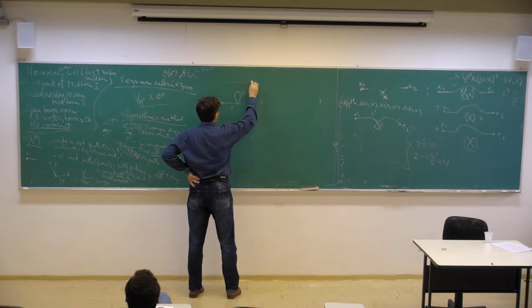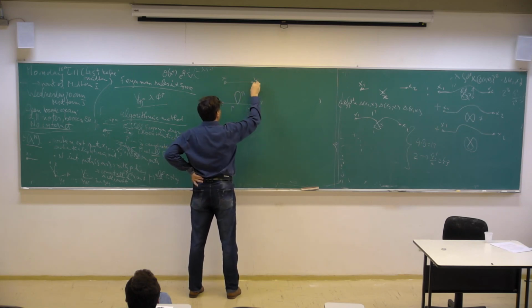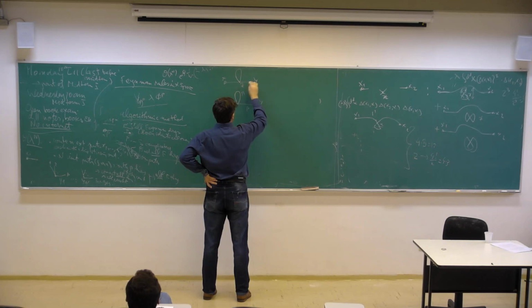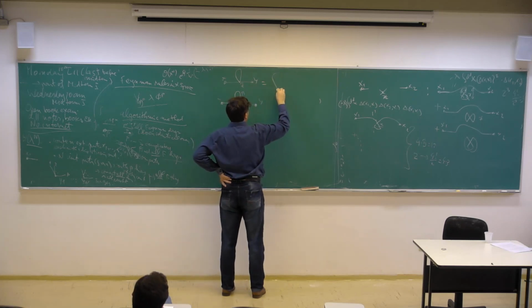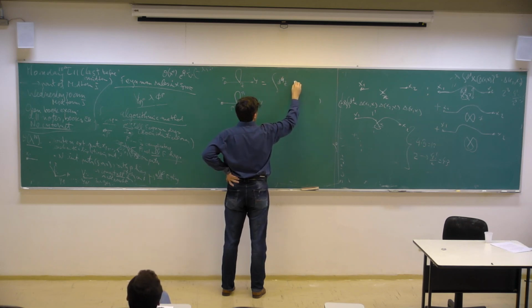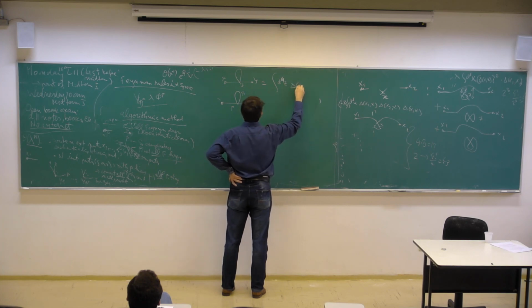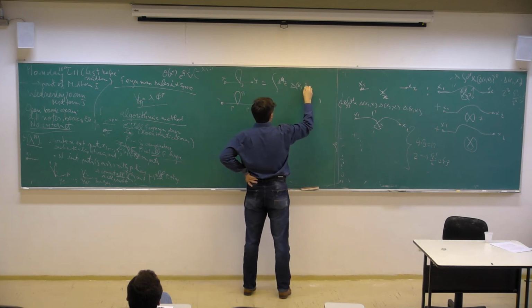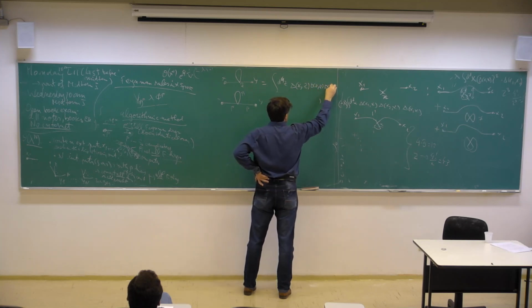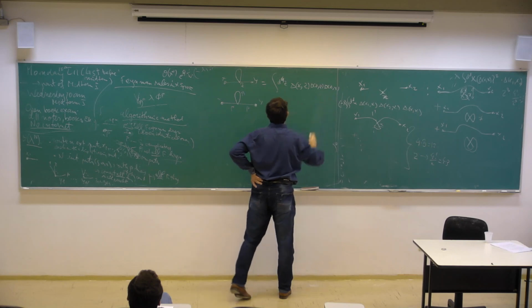So, let me first write this like this. This would be the integral d^4z of delta x z, delta z z, delta z y, right?